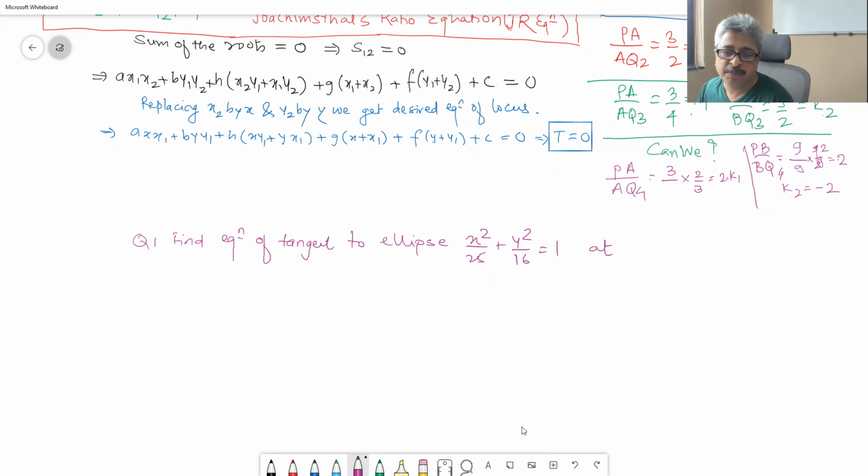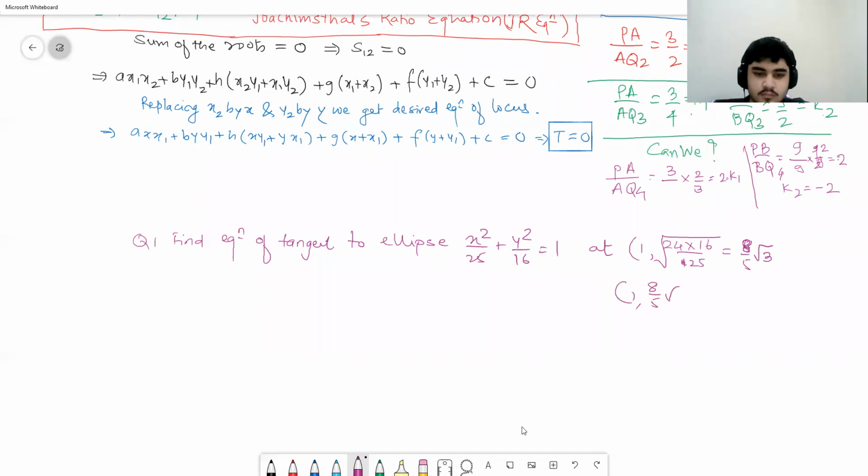say, if I put x is equal to 1, then what is y? y square is equal to 1 minus 1 upon 25, which is 24 by 25 into 16, 24 into 16 by 25, root, which is 4 by 5 root 24, or 8 by 5 root 6. At 1 comma 8 root 6 by 5, sir.